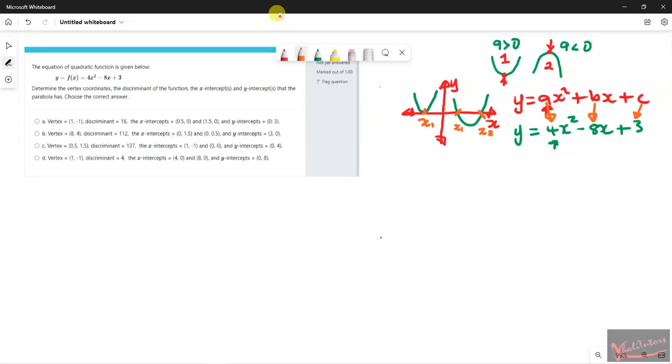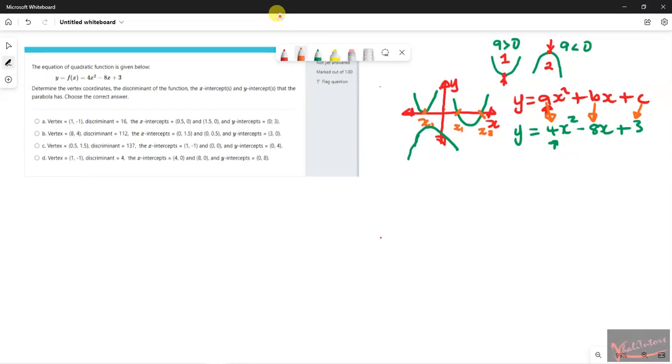The same principles apply when they're talking about your y-intercept. The y-intercept is where the graph touches the y-axis. For example, let's say we had a graph like this one which cuts the y-axis here.